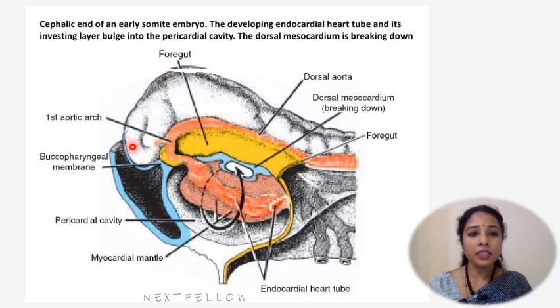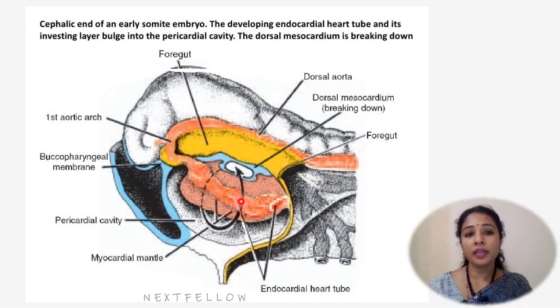So here is the head fold of the embryo. As we saw in the previous first image, the cardiogenic area was on the cranial side of the prochordal plate, that is the cranial end of the embryo, which is caudal to the septum transversum. So here we can see the head fold had formed. Because of the head fold, the cardiogenic area moves to the ventral aspect.